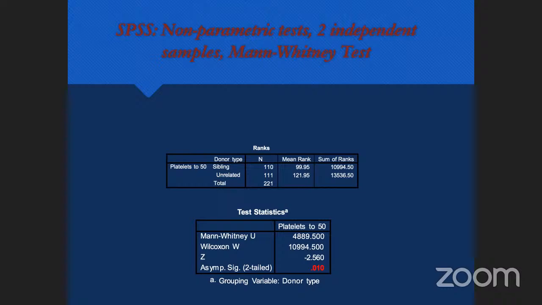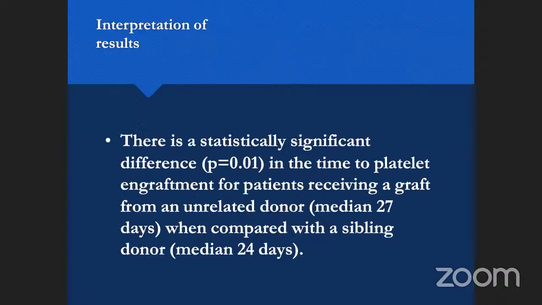This is the result that we will get by conducting a Mann-Whitney test, which is almost the same as the Wilcoxon rank sum test. Interpreting these results, it indicates that there is a statistically significant difference in the time of platelet engraftment for patients receiving a graft from an unrelated donor when compared with a sibling donor.